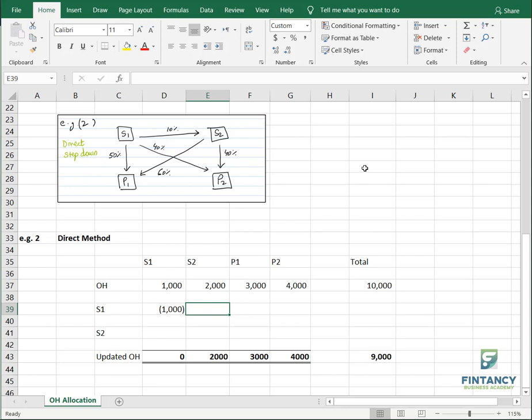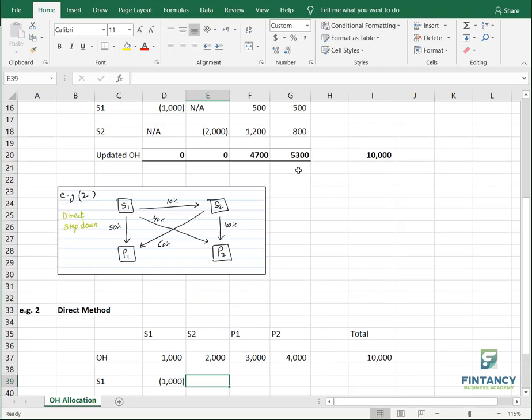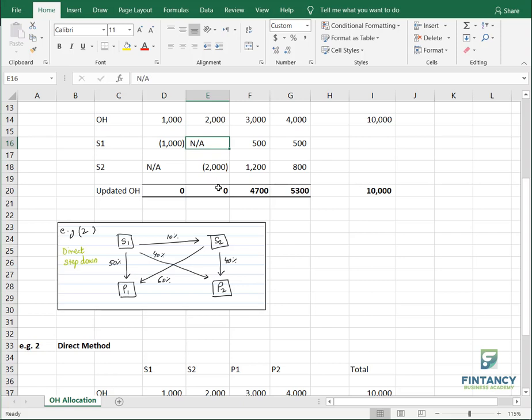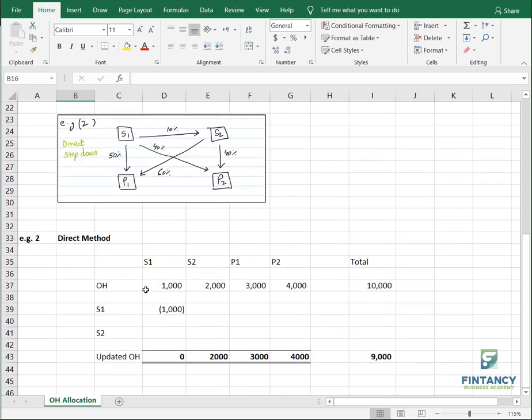But we will ignore it. Remember I told you before, this is not applicable, my friends. Not applicable means even if it is given to you, you will not take it because this is direct method. In direct method, you ignore any service which is given in between service departments. That's why it is called direct method.